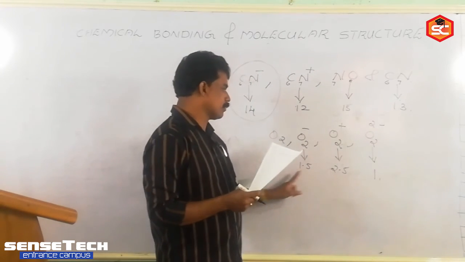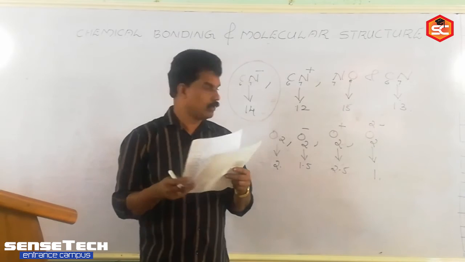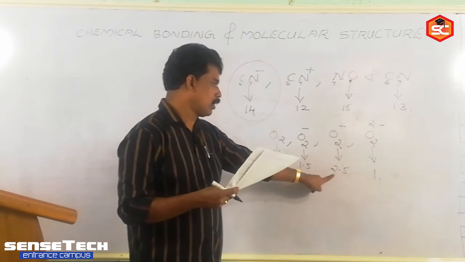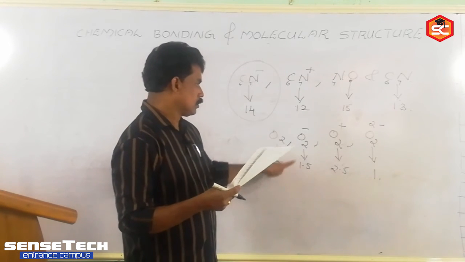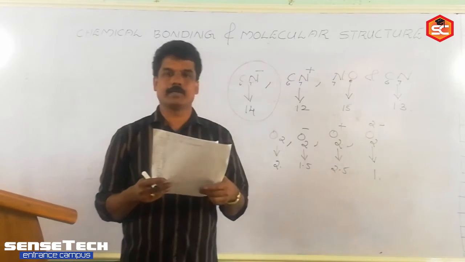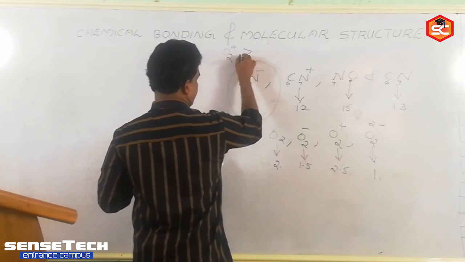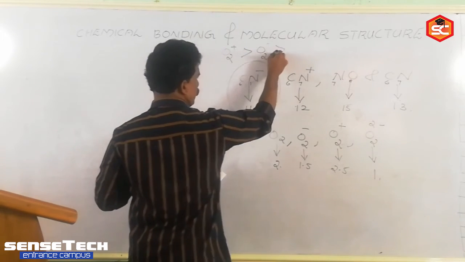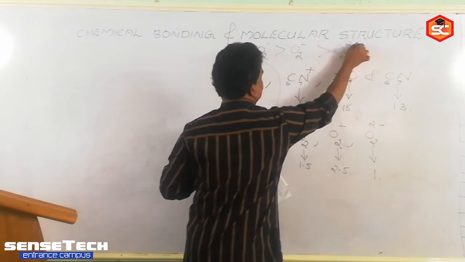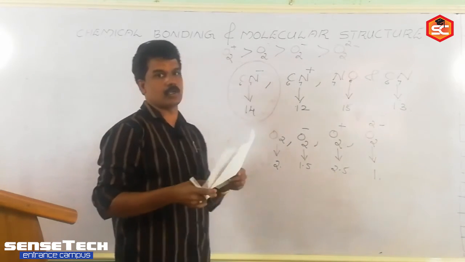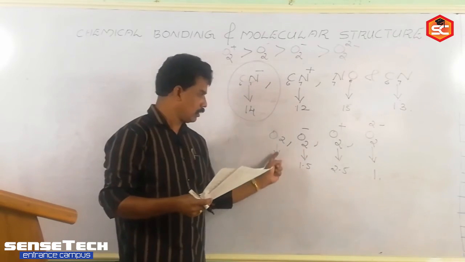So as bond order increases, stability also increases. As bond order decreases, stability decreases. So you can write the order. Which one is least stable, most stable? O2 plus is greater than O2, greater than O2 minus, greater than O2 2 minus, which is the least stable. This is the decreasing order of stability. Correct now? Directly you can note it from the bond order value. Bond order, how do you get it? From the number of electrons.